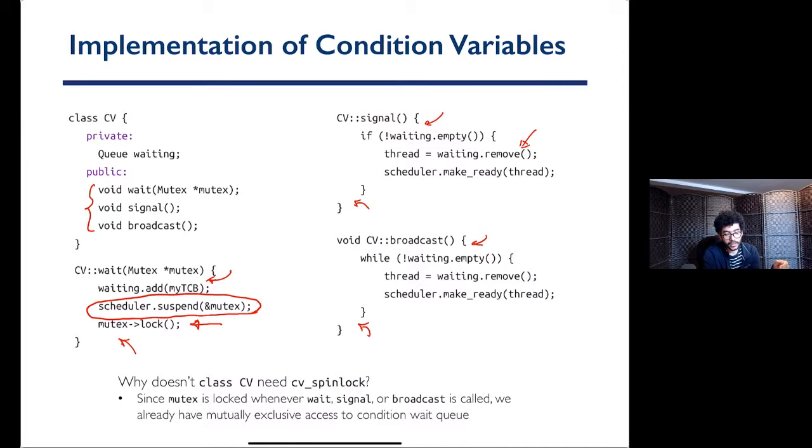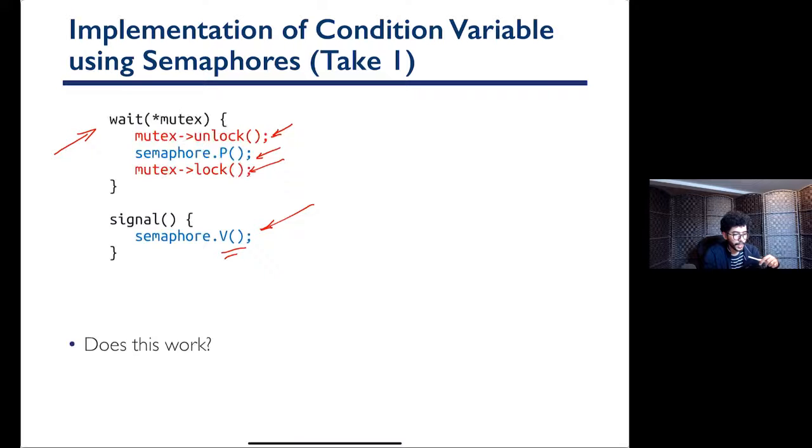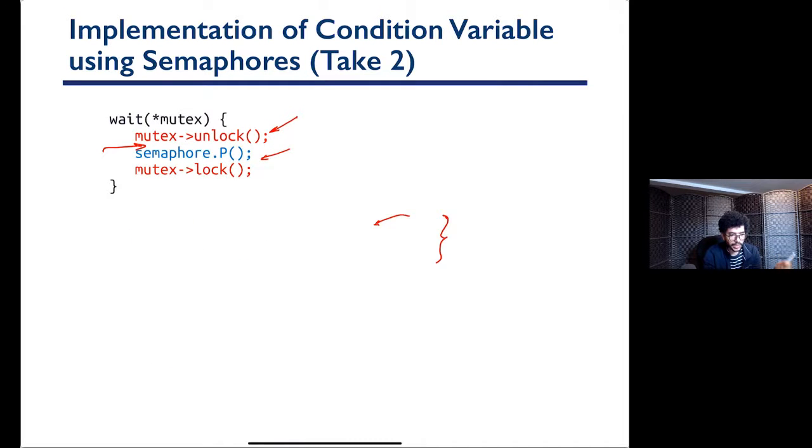So this suspend is going to release the mutex and put the thread to sleep atomically, and it's not going to be interrupted in between. So this implementation was atomic from when you release the lock until you put the thread to sleep. But take one and take two, because we didn't change the wait, this implementation is not atomic.